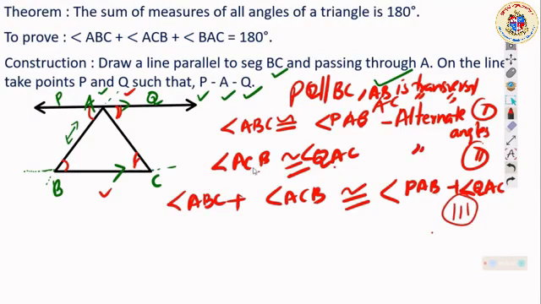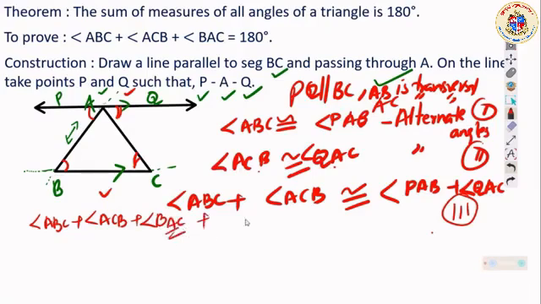Now, if I add BAC on both sides, let me add angle ABC plus angle ACB plus angle BAC, which is that BAC.